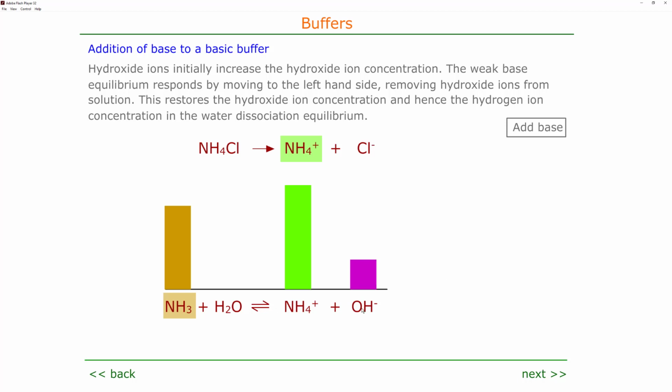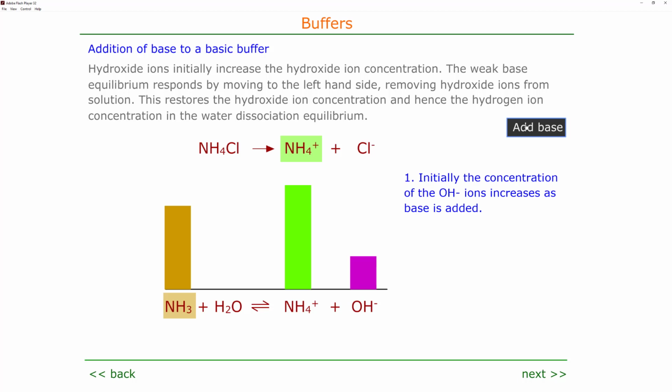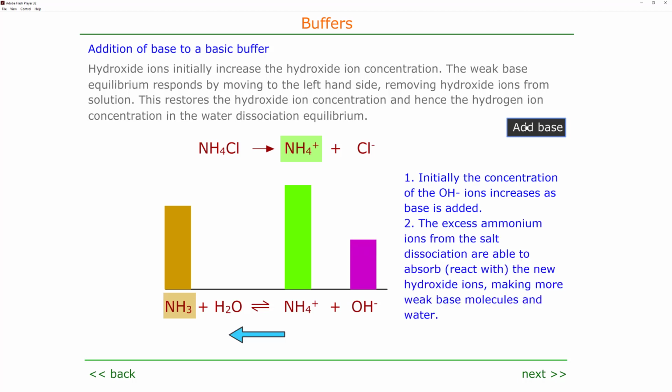And if it increases, that'll disturb the equilibrium here, and the way to restore it is by OH minus ions reacting with the large reservoir of NH4 plus, and the equilibrium will push to the left hand side. Initially, the concentration of OH minus ions increases as base is added, and then the excess ammonium ions from the salt dissociation are able to absorb or react with the new hydroxide ions, making more weak base molecules and water.